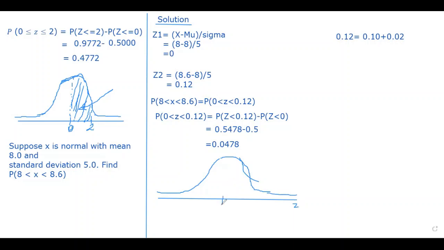We all know that the standard mean is 0. So 0.12 will be here. So the boundaries will be what? The 0 here and what? 0.12 here. So this will be your answer for this area, the probability. Do you get it? This will be your answer.